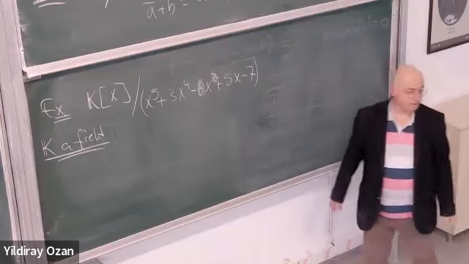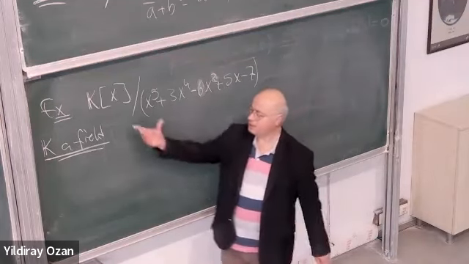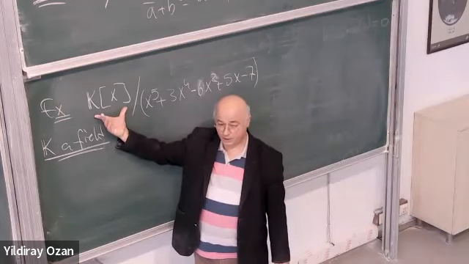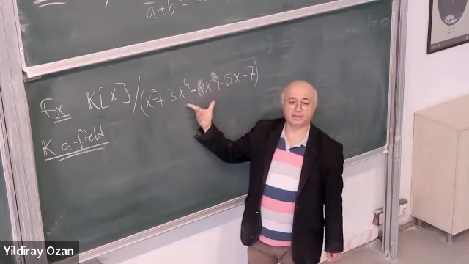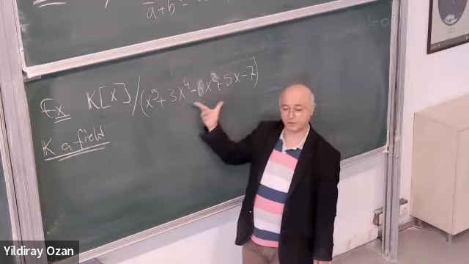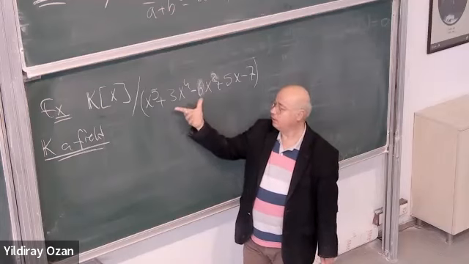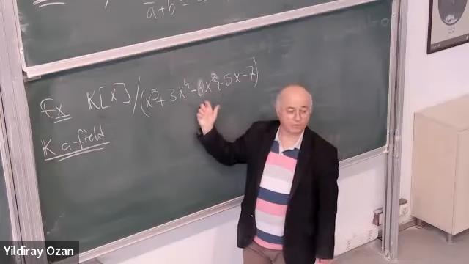What kind of ring is this? Right? So in this polynomial algebra, I declare that this is the zero element. When you take the quotient ring by this ideal, you declare that this is zero.